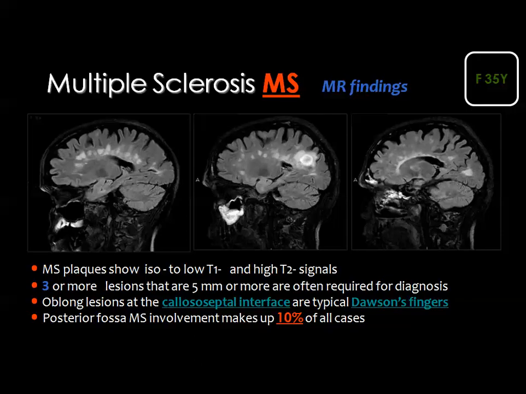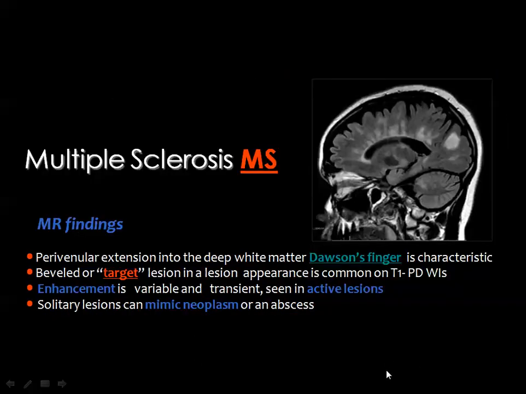In the literature there are some stated criteria for the imaging findings in order to say that this is MS. But in all cases, the diagnosis of MS will depend on the clinical picture and the neurophysiological studies.